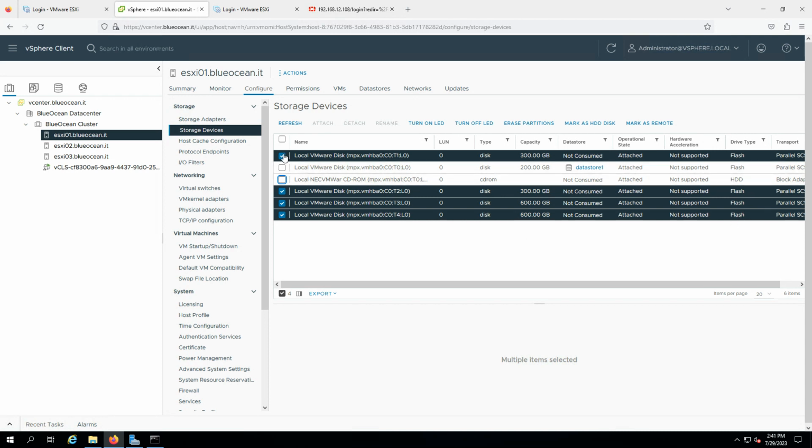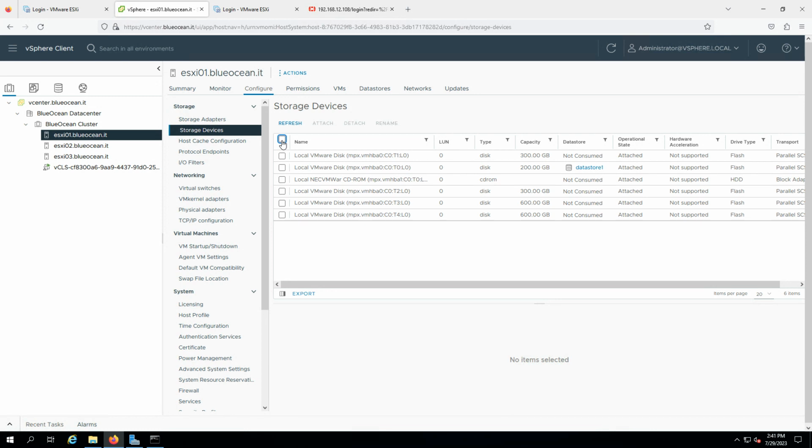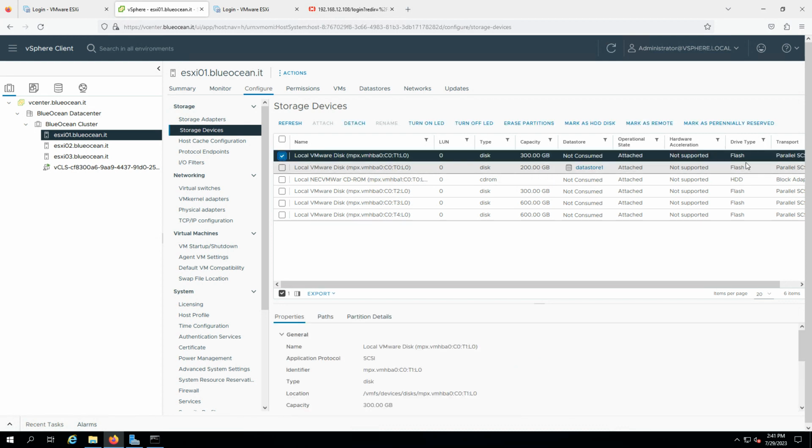Okay. Now, why I say that, I want to point you to something. If you are doing a lab, for example, you have a node server and those disks are not SSD. What you can do for the lab, I say only for the lab, not for a production environment: you will see the disks as HDD, they are not SSD drives.